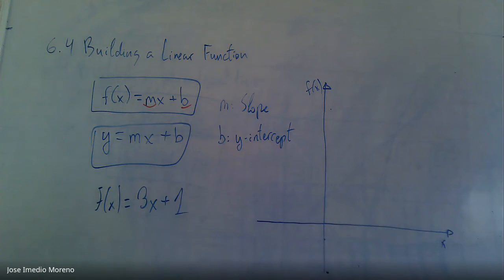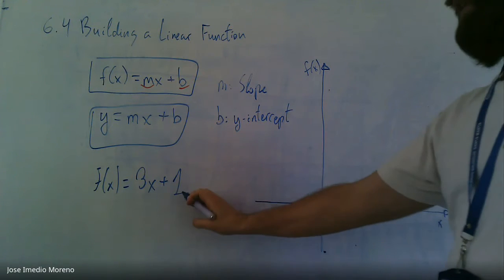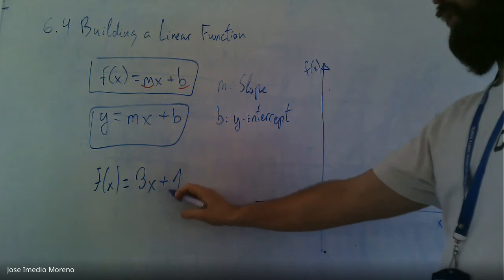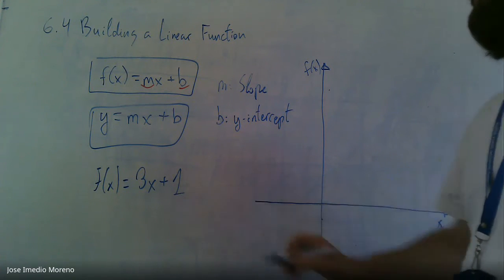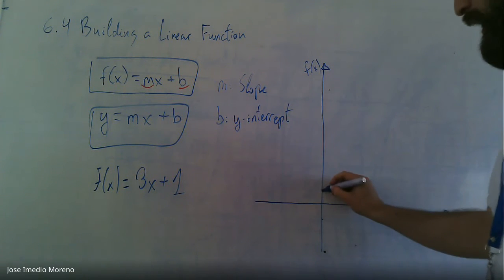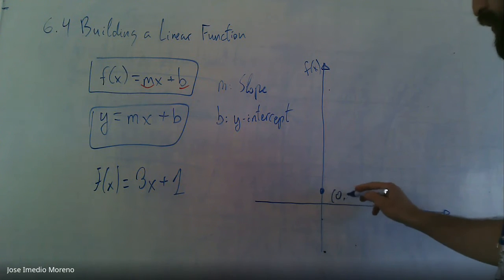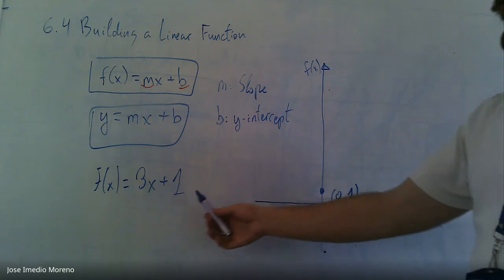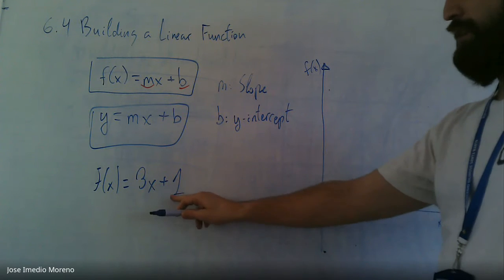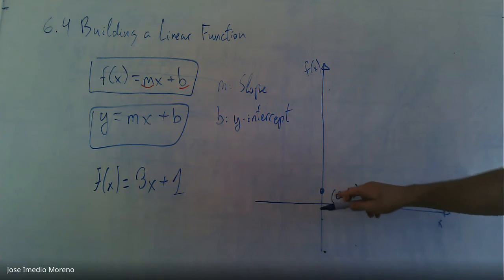So for this specific example, if the y-intercept is 1, it means that the function crosses the axis at the point (0, 1). So the y-intercept, this b, this number, is the y-coordinate of this point.